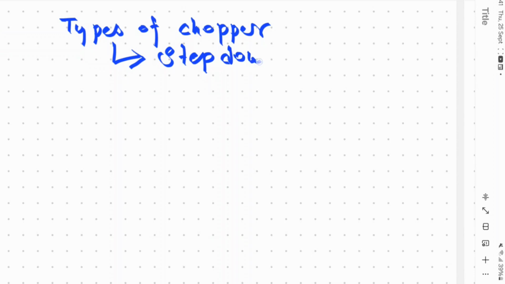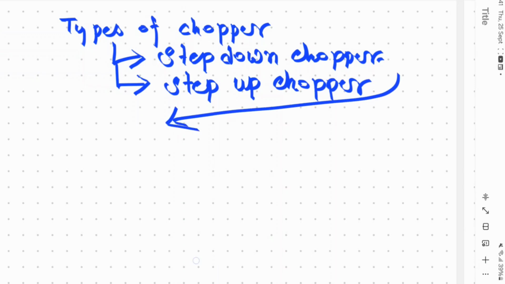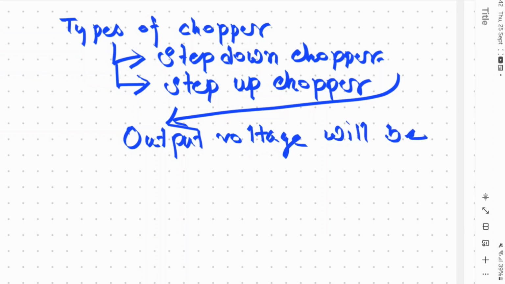Choppers are classified into two types. First one is the step down chopper, then the step up chopper. Simply, in case of a step down chopper, the output voltage will be lower than the input voltage.